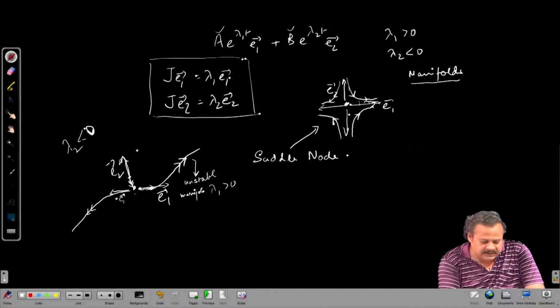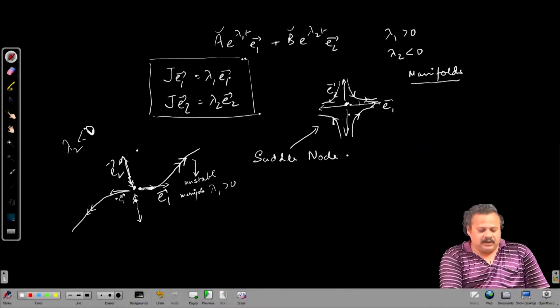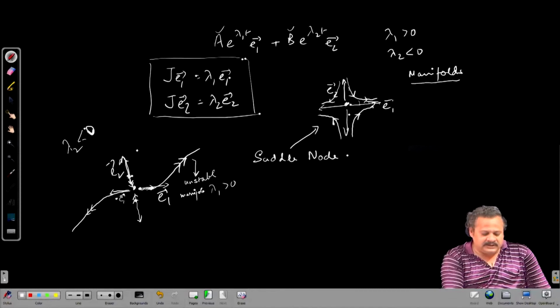Similarly, along minus E2, if we start it very nearby, it will again converge on to the equilibrium point or saddle node.